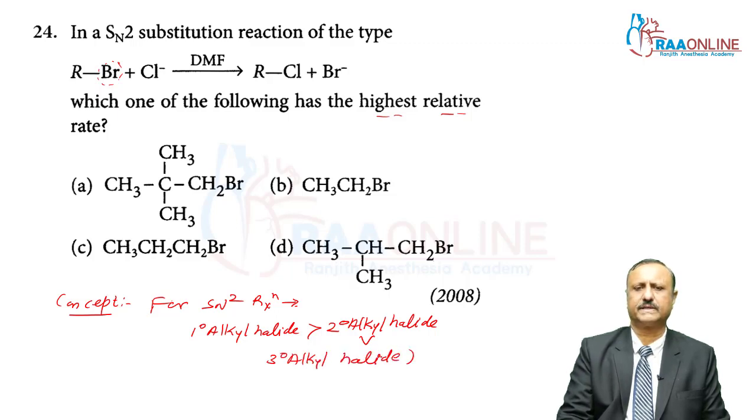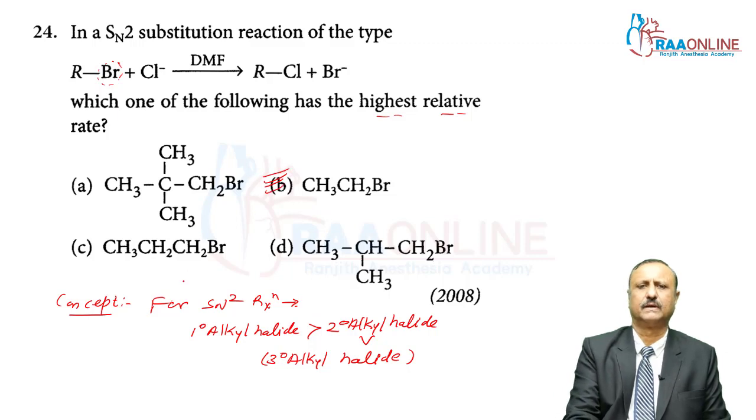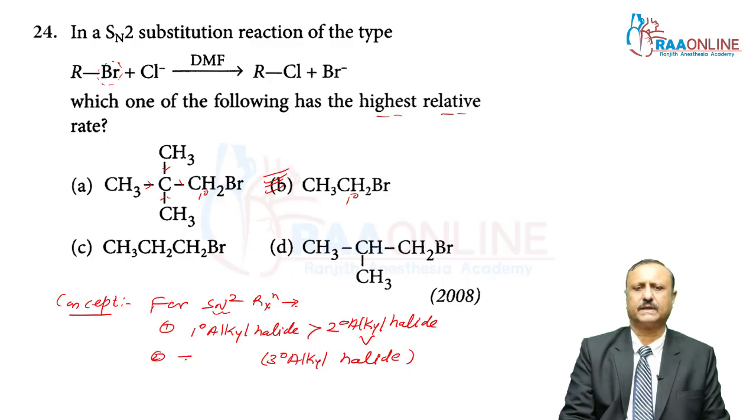Now, my dear students, we can see that this is the primary alkyl halide, so it is more reactive for SN2 reaction. Here primary carbocation is also present. This one is also a primary alkyl halide, but you can see a bulky group is present here, so it creates hyperconjugation and other effects. The second point is that a transition state must be formed in SN2.